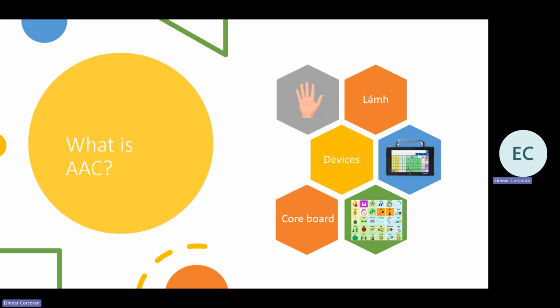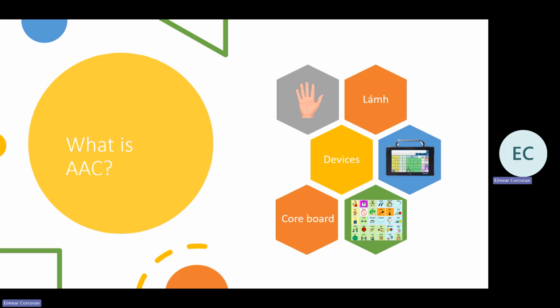So a lot of you are probably already using AAC, from a classroom-wide level to individual communication programs or devices with individual kids. Examples of AAC include no-tech AAC, so that would be like your Lámh signs.